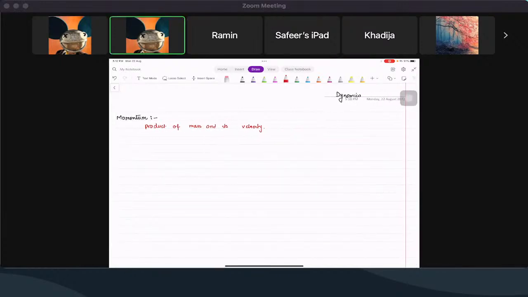So momentum, the symbol is P, and it is written as momentum equals mass times velocity.